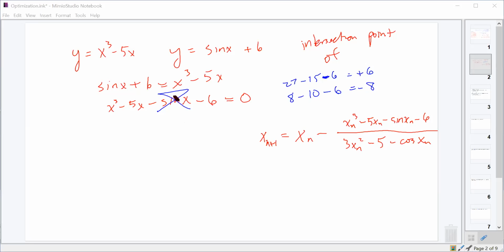So let's pick something between 2 and 3. How about 2.5? Perfect. Great.